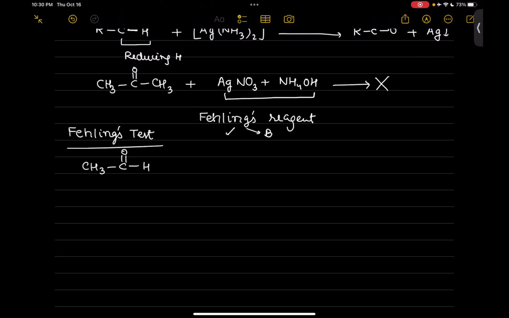There are two solutions. A is copper sulfate and B is alkaline sodium potassium tartrate. So actually you need to have some basic medium.